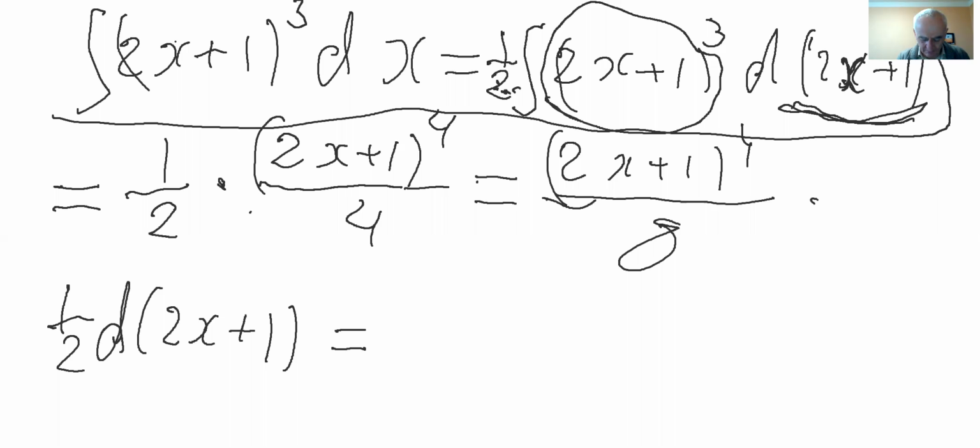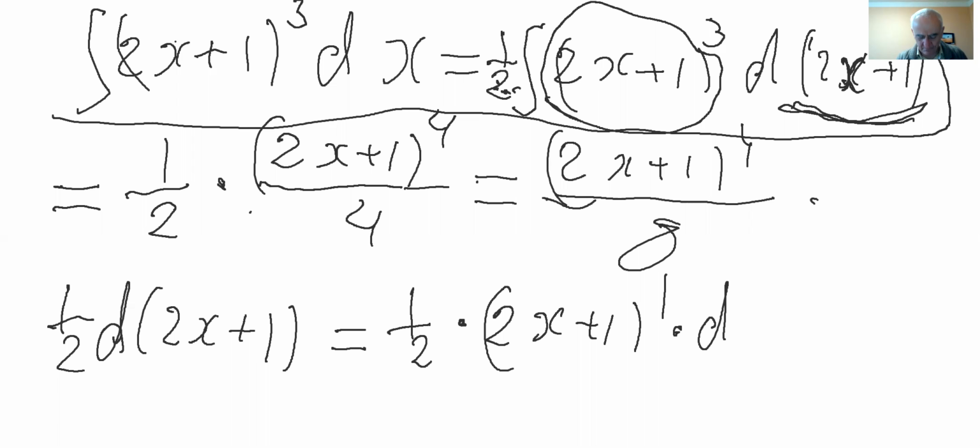I have here this 1 over 2, multiplied by d(2x plus 1). It's the derivative of 2x plus 1 multiplied by dx.